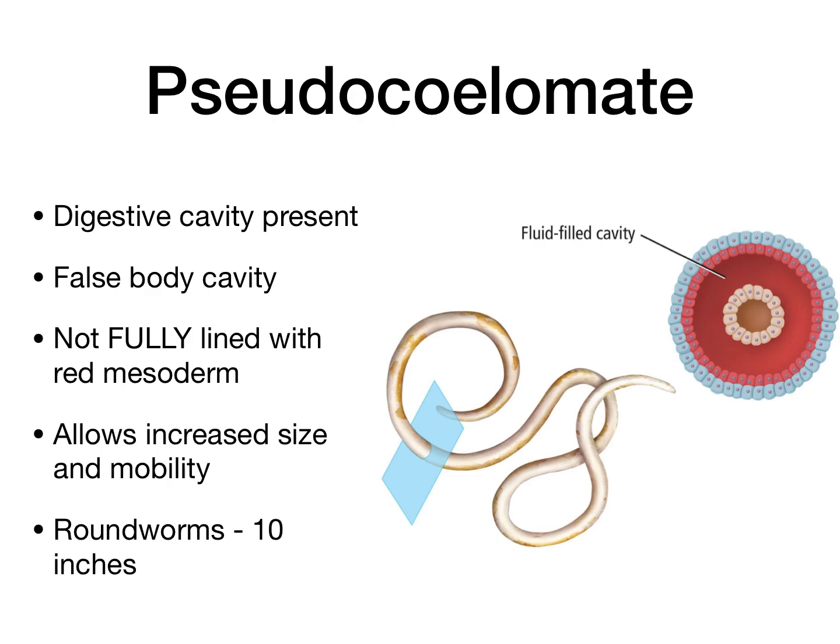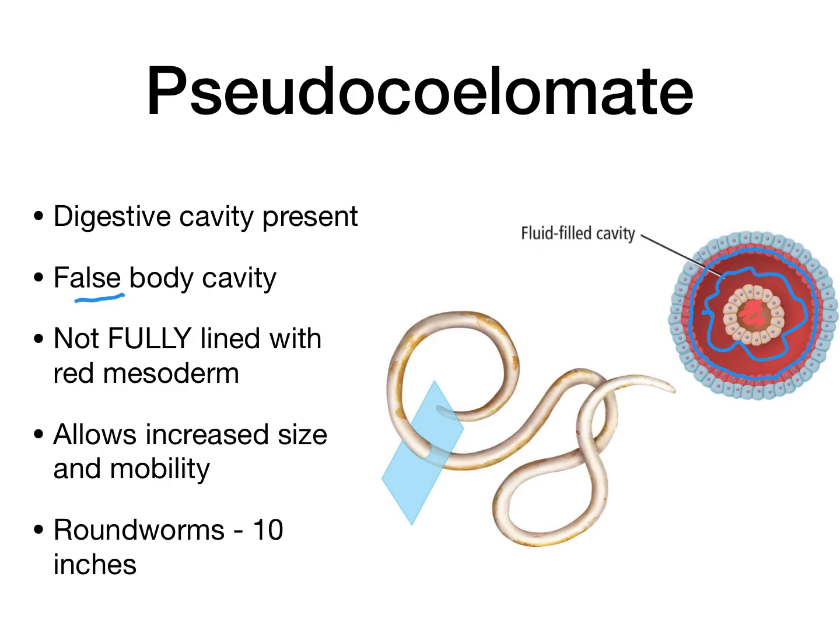A pseudocoelomate has this digestive cavity in the middle again. But then we see this fluid-filled cavity that's new. And this is a body cavity, but it's a false cavity because it's not fully lined with mesoderm. Now, if you found the mesoderm, it's the red, and it does line one side of this cavity, but it does not line the other side.